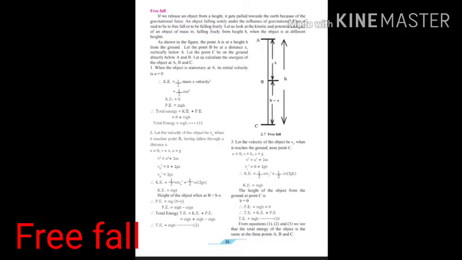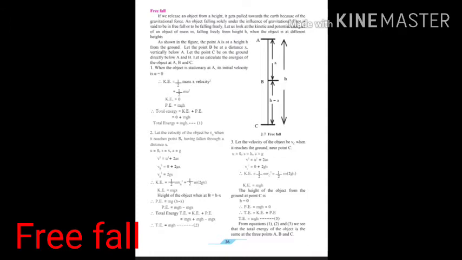Number 2. Let the velocity of the object be vb when it reaches point B having fallen through a distance x. Then total energy is equal to again mass into gravitation into height, mgh. Number 3.